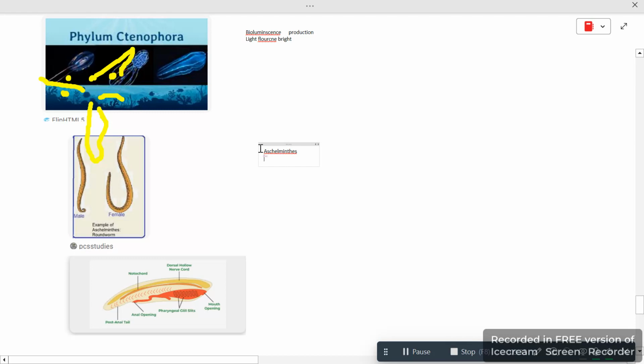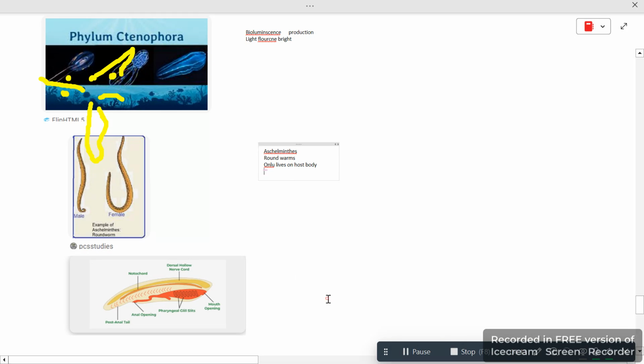The example given here is the roundworms, and these are organisms which only live on a host body. We can even call the lice which we have in our hair. These live on our human body, and of course they harm us by sucking blood from our body, but they live on the host body. So the example given is the roundworms. These are also parasitic and live on the host body.